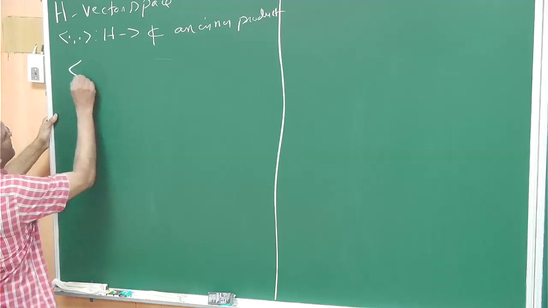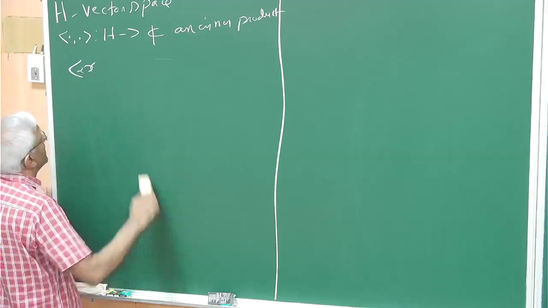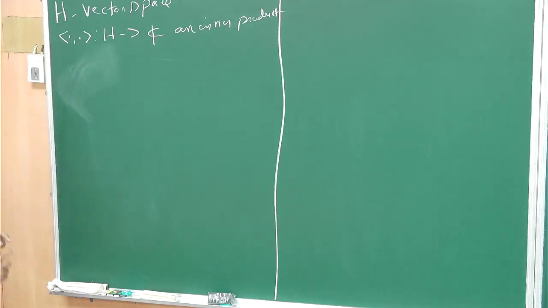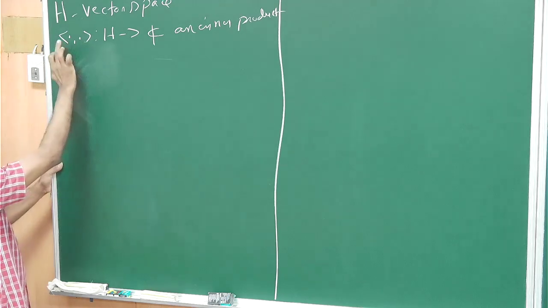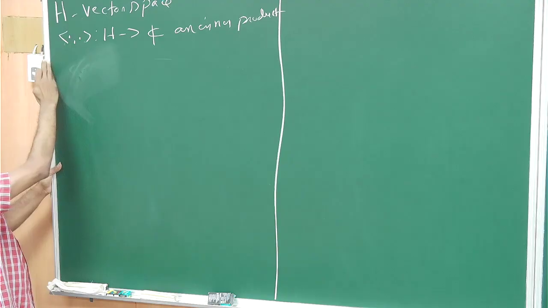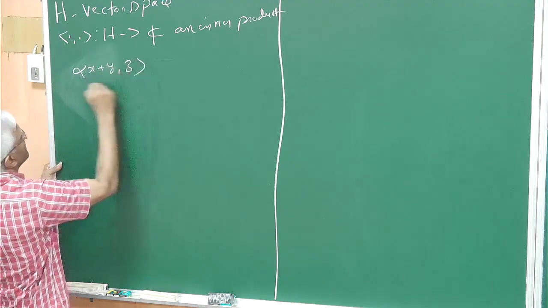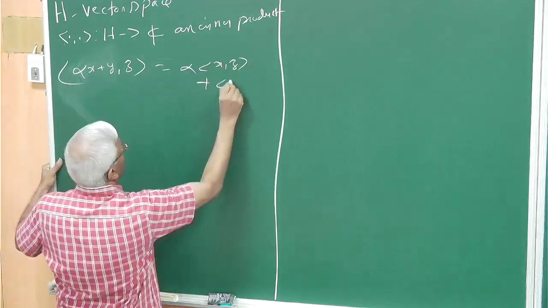If you have alpha x here, you can take the alpha out, and if you have an alpha in the second slot, you can take alpha bar out. That is, if you fix a variable, and if it is alpha x plus y, you can take the alpha out, and it will be like this.